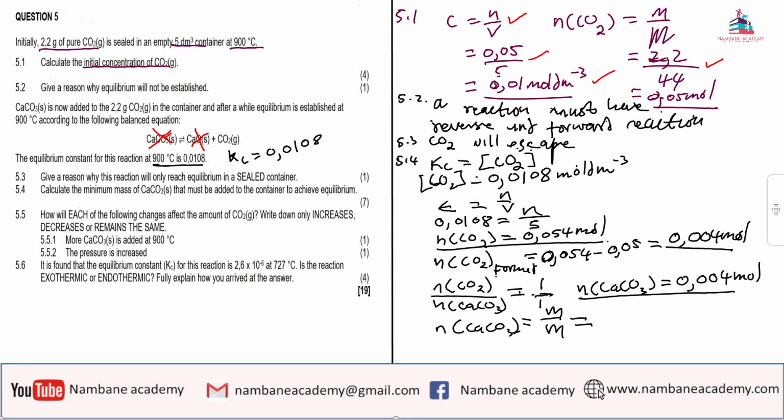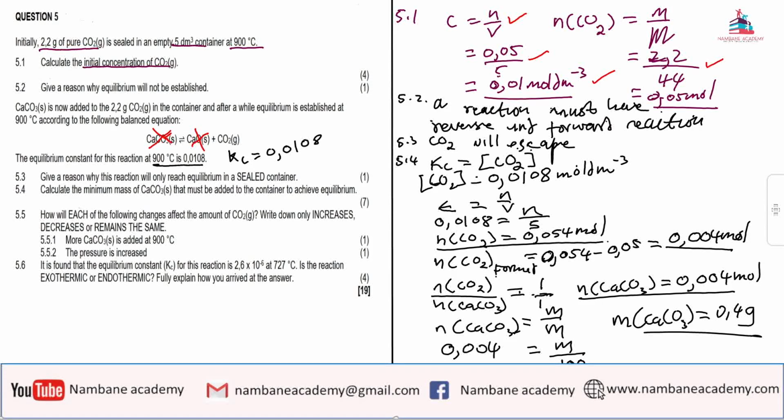Let me do it the right way. The mass that we are looking for, and this will just be 100 times 0.004, and we get m of calcium carbonate being equal to something like 0.4 grams.